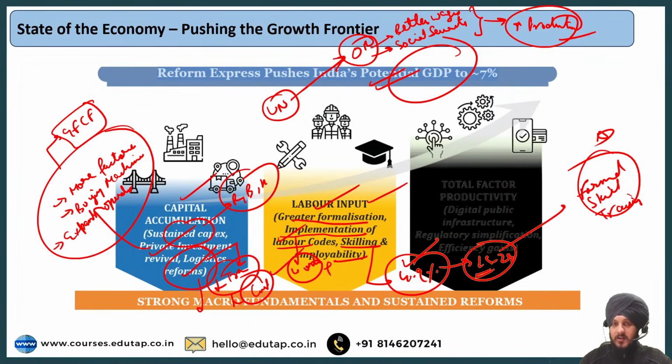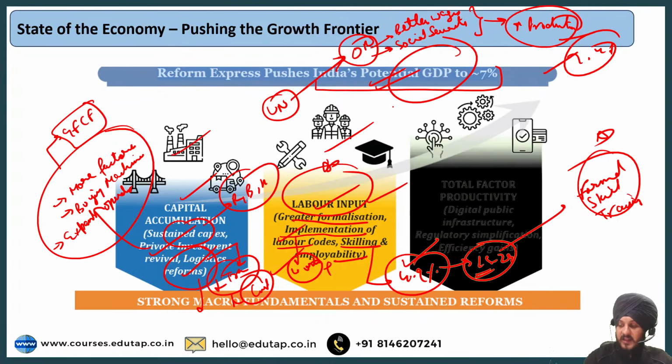That also has to be taken into account when it comes to the labor input, right? And this is again going to give a huge momentum to India's potential GDP to around 7%, right? As I told you, it is projected to be 7.4%. This is what we want to do, and these are the areas where we want to focus.